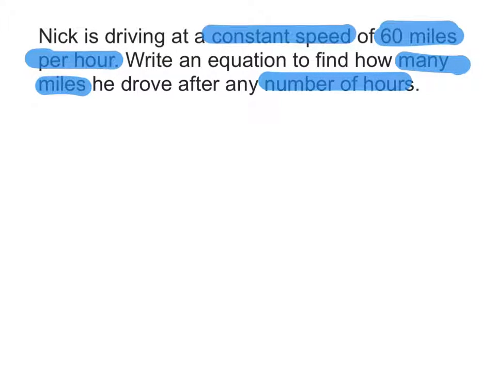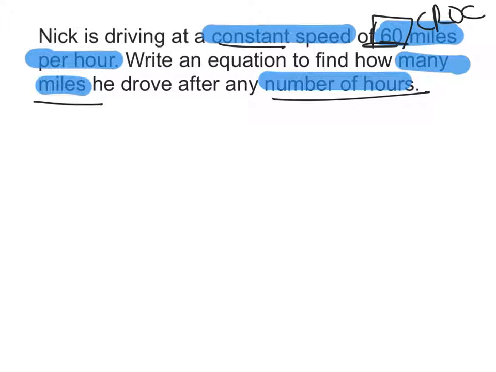So we're trying to calculate miles and number of hours. 60 is going to be our constant rate of change because we see that word constant speed.